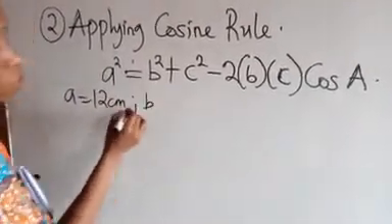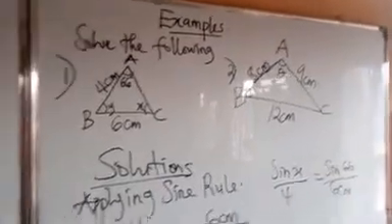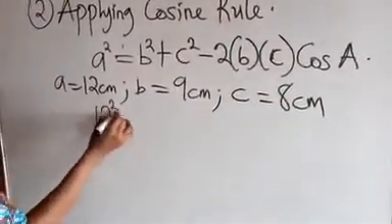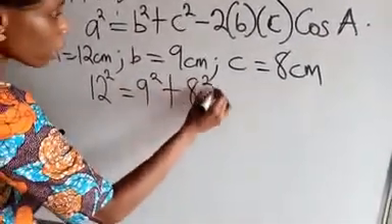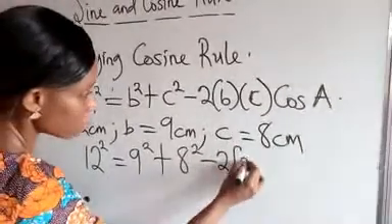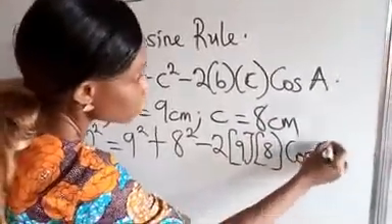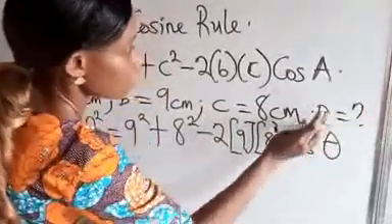Small b is opposite capital B, which is 9 cm. And small c is opposite capital C, which is 8 cm. So I have 12 squared is equal to 9 squared plus 8 squared minus 2 times 9 times 8 cosine theta.